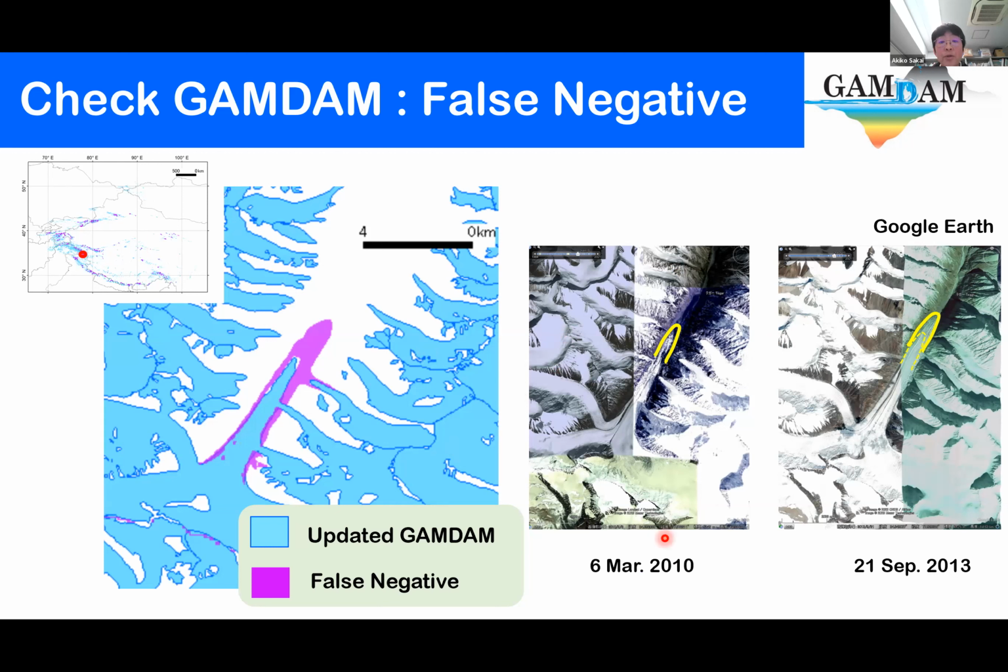The left one shows the status in 2010, and the right one is 2013. Within 3 years, the terminus location has advanced. It seems to be a surge event. Many such events occurred in the Karakoram, so around here, false negatives reflect such events.